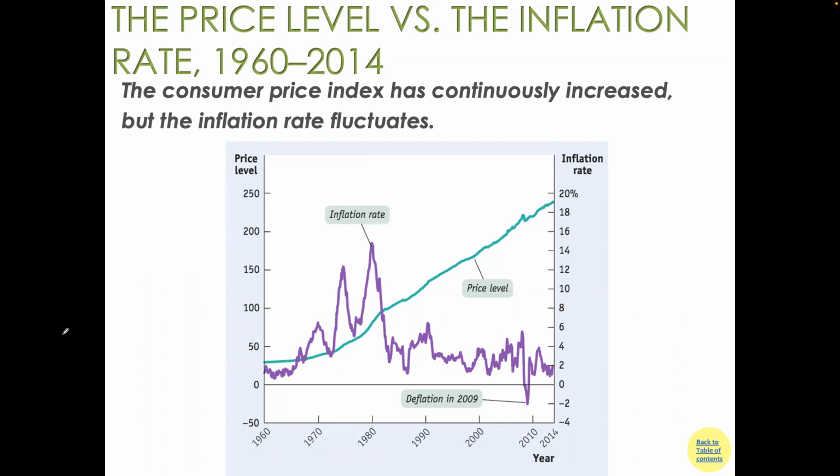Why? If the price level keeps falling, just ask yourself, do you want to spend or do you want to postpone your spending? You want to postpone. Why? Because things are getting cheaper and cheaper.